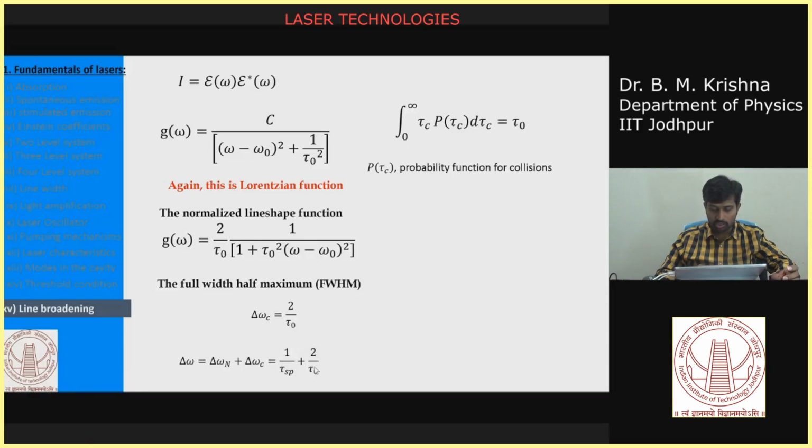You know that the spontaneous emission delta omega depends upon the lifetime of spontaneous emission, that is 1 over tau sp, plus 2 over tau naught. So that is the overall width, increased due to the natural line width and the collision broadening.